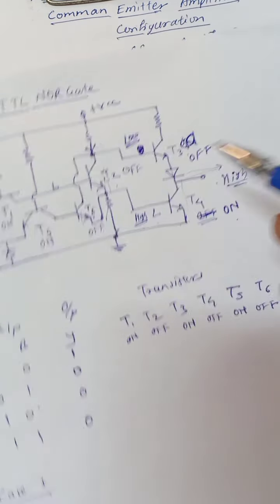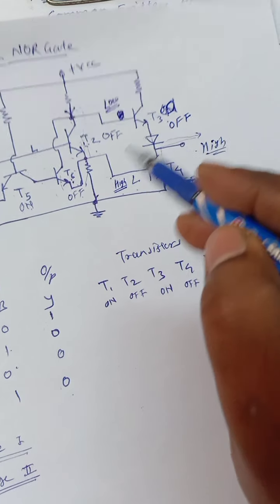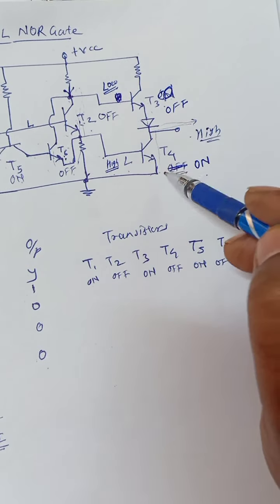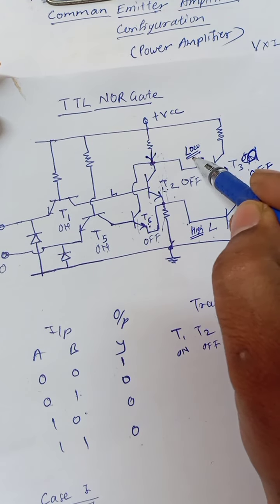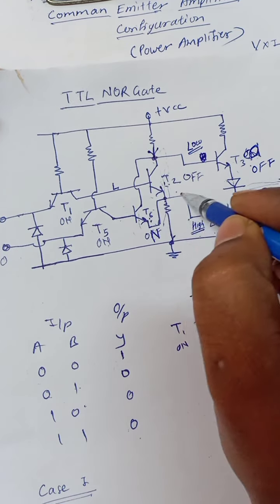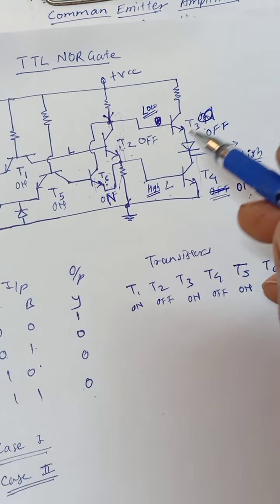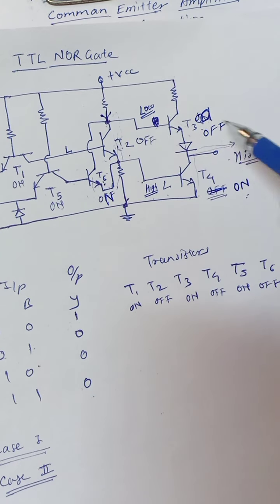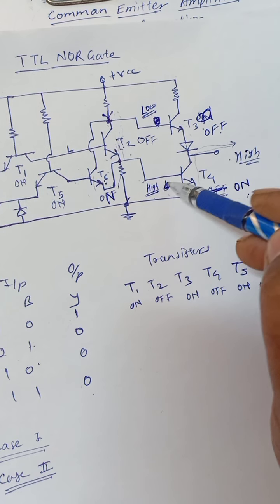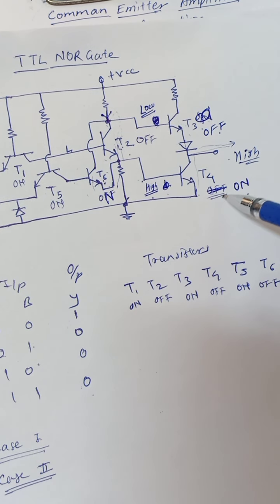Okay, so always for these 3 cases, T3 will turn off and T4 will turn on. So this remains low and this remains high, since one of the transistors or both are in on state. Okay, so this low means this is off, and this high means this will turn on.